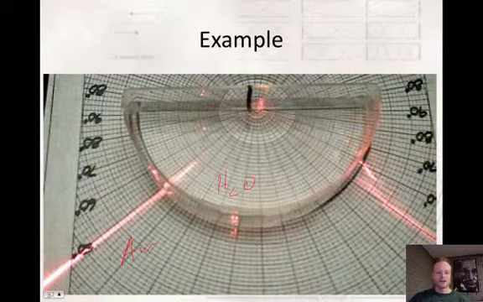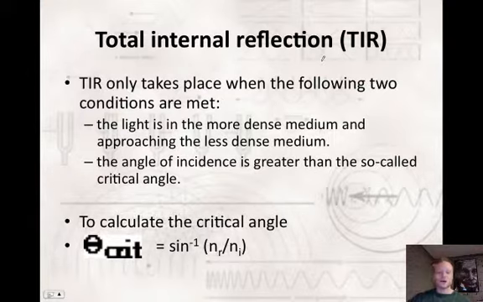So this laser will always be able to refract into the water, because it's going from a less dense to a more dense medium. But once the laser's in the water, now it's in this more dense medium, it certainly could undergo total internal reflection because it's going from a more dense medium to a less dense medium, that being air. So that's rule one: it must go from a more dense medium to a less dense medium.